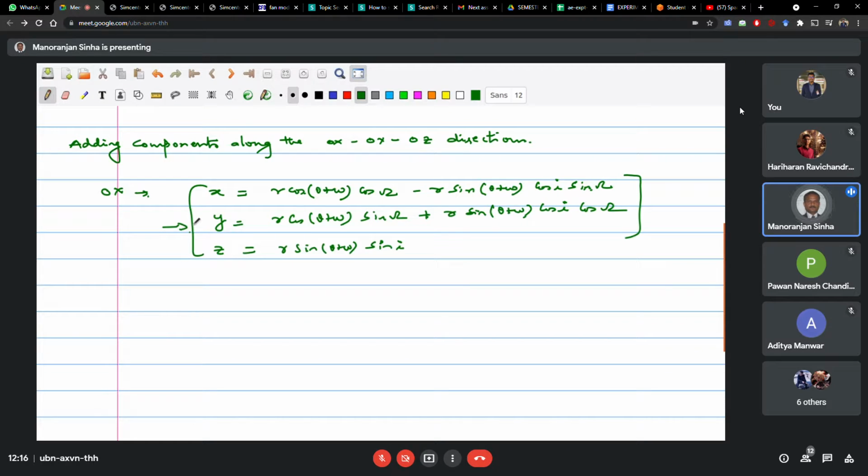The next step is easy, but a little lengthy. In order to get the x dot, we just need to differentiate the corresponding equation. So we will get here R dot and R times, then we have to differentiate the quantity inside.